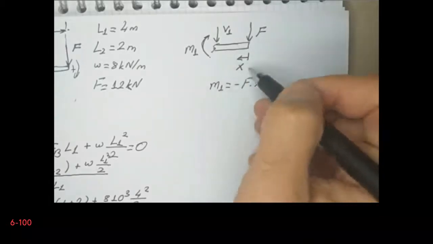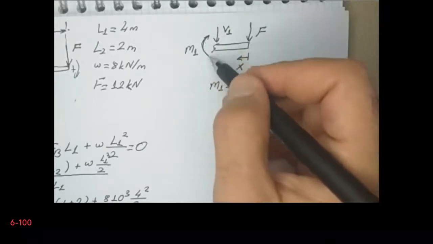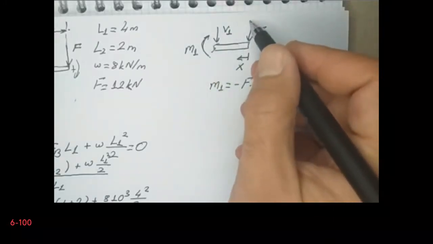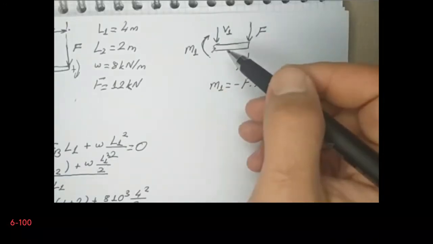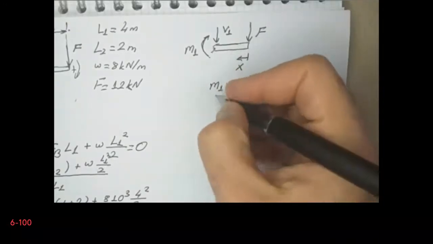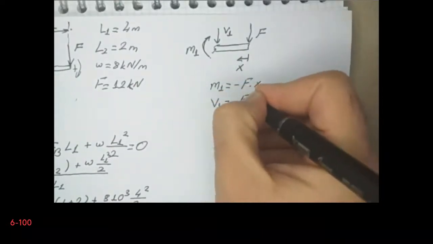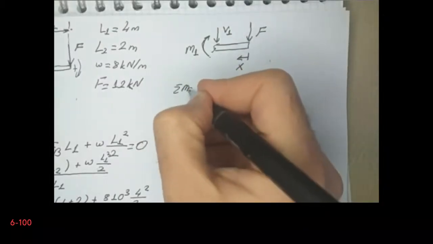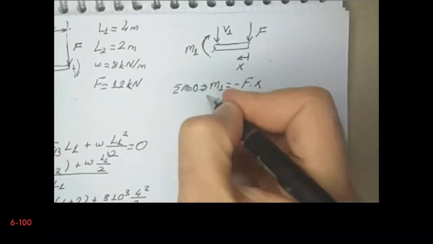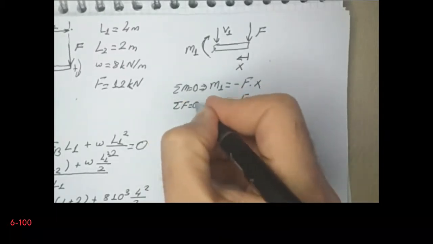M1, so the moment applied here, plus the moment generated by this force has to be equal to 0 when you take the moment with respect to this point. And obviously you can write that V1 is equal to minus F. You can easily see it. So the sum of the moments has to be equal to 0, and the sum of the forces has to be equal to 0. So this is my first cut.